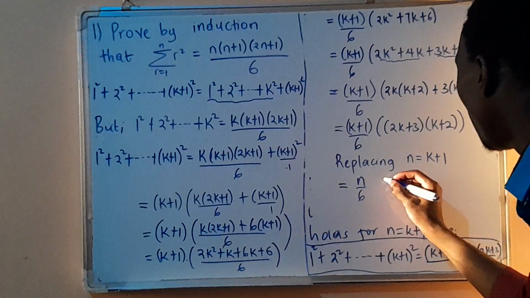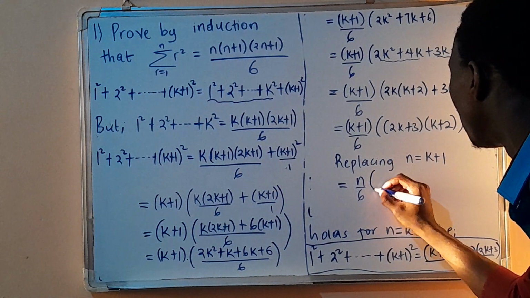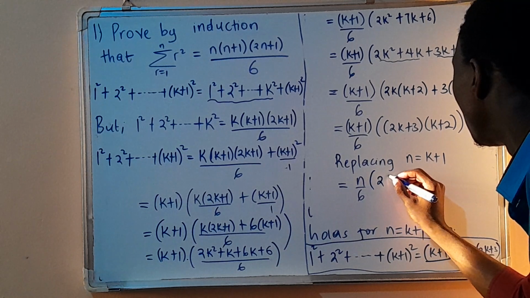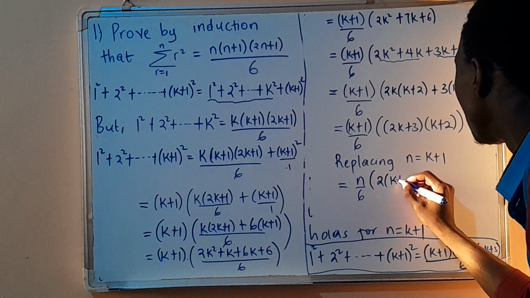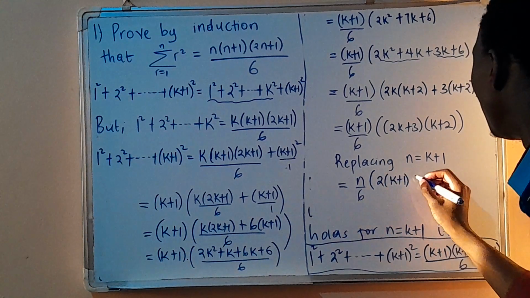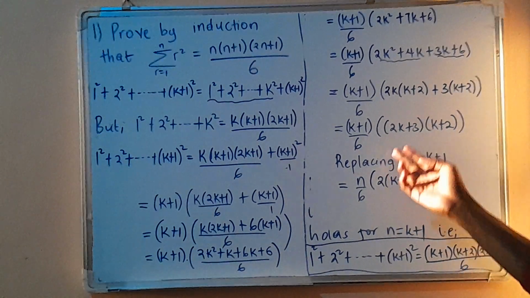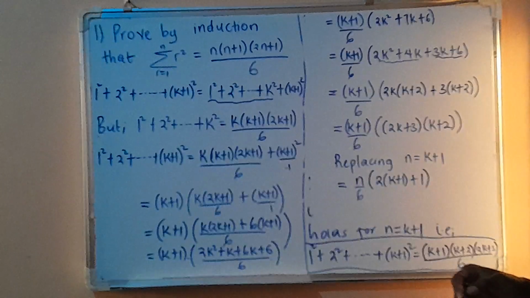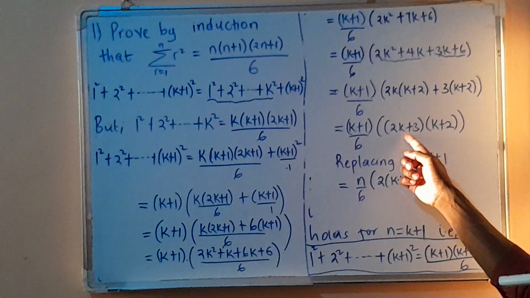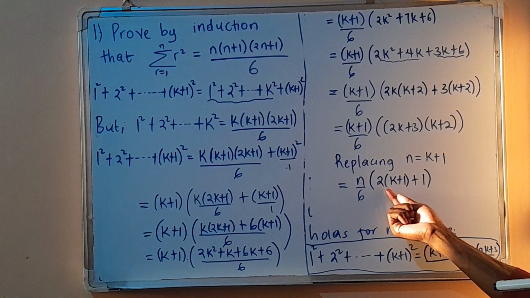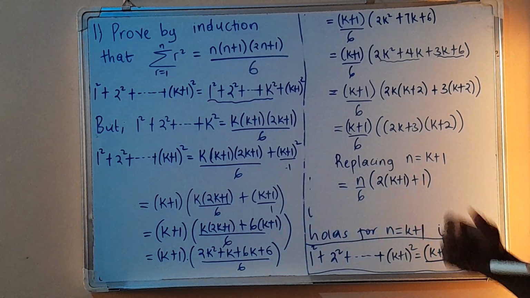And here we shall have 2 k plus 1 plus 1. I hope you remember this expression when we substituted k plus 1 at first. So 2k plus 3 is the same as 2 multiplied with k plus 1 then plus 1.